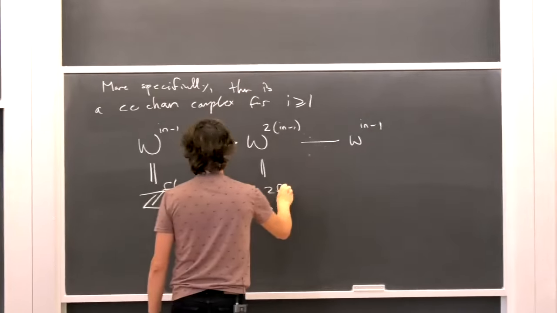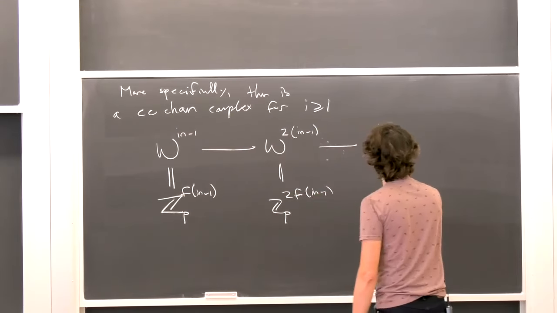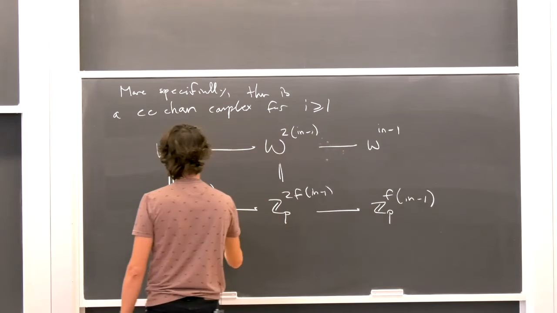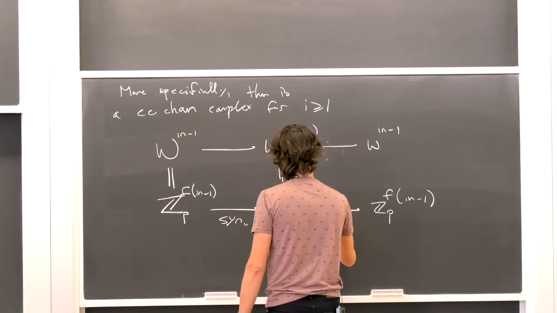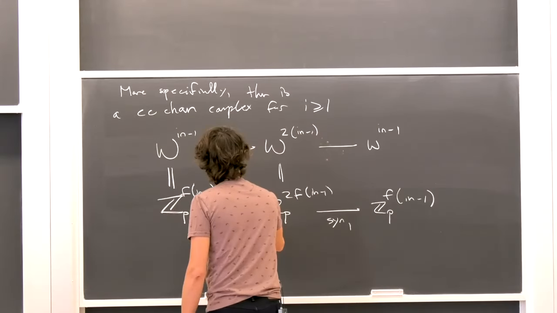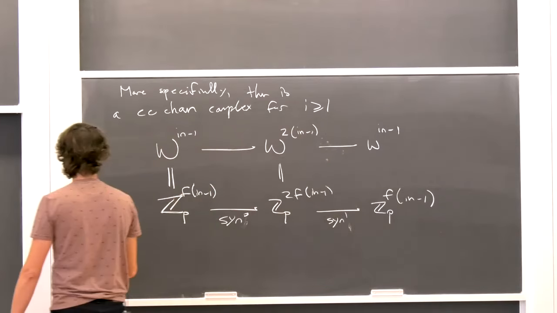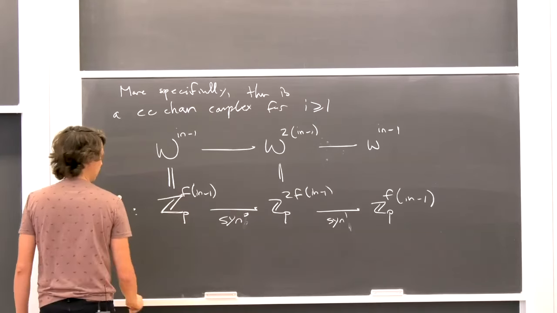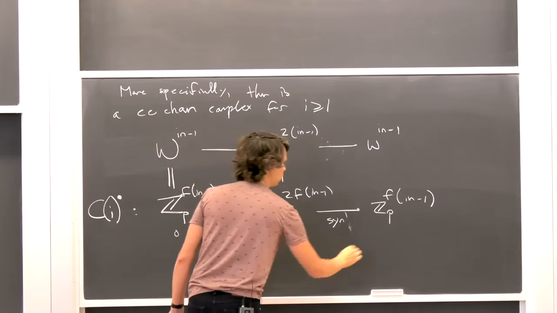Z_p^{f(in-1)}, Z_p^{f(in-1)}. And now these maps are Z_p-linear. There's not a lot of choice there. We'll call those sin 0 and sin 1, and I'll call this complex C^i bullet. I'm thinking of this cohomologically, and these are in degrees 0, 1, and 2.